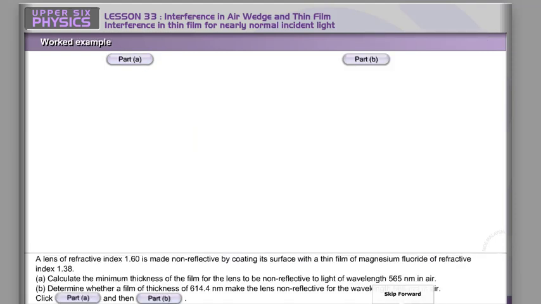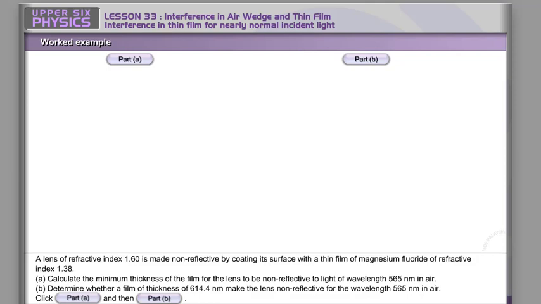A lens of refractive index 1.60 is made non-reflective by coating its surface with a thin film of magnesium fluoride of refractive index 1.38. A. Calculate the minimum thickness of the film for the lens to be non-reflective to light of wavelength 565 nanometers in air.